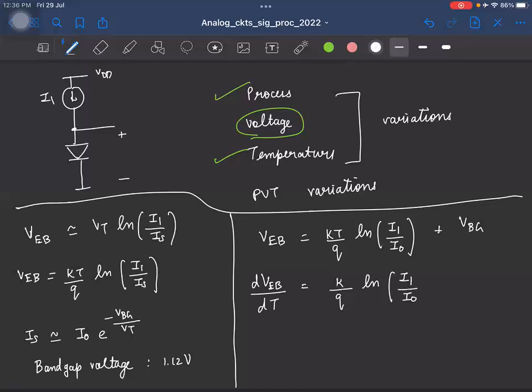Right? I naught. Is that okay? So I'll slightly tweak it and say it's like this. Okay. So I can write it as Vt by T times ln of I1 by I0. Okay.